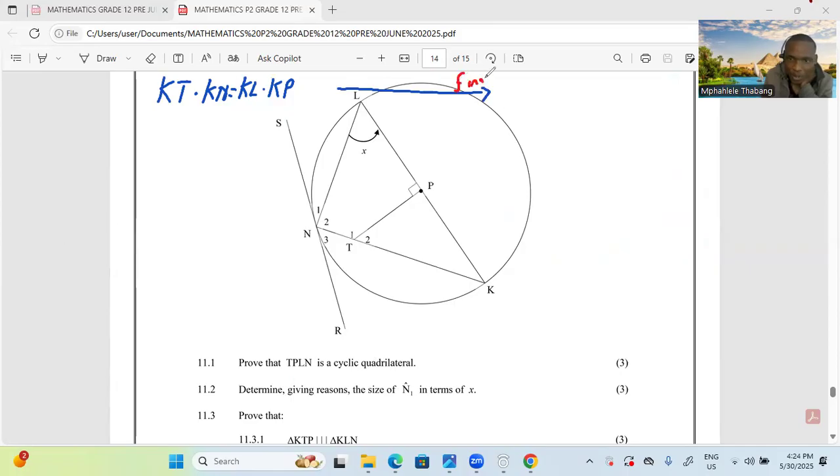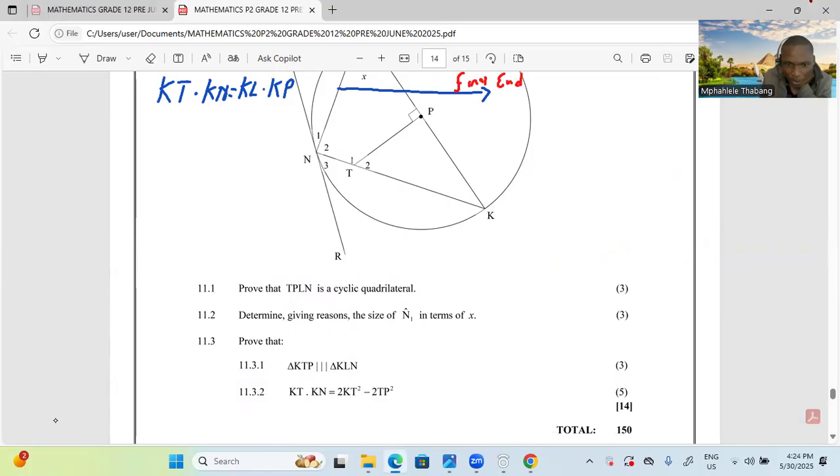It's where we are going. Let me show you where I take it from. This is the answer that we want. We want KT times KN equals 2KT squared minus 2TP squared.